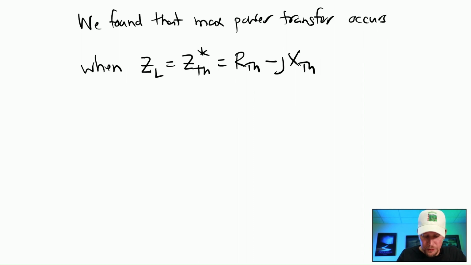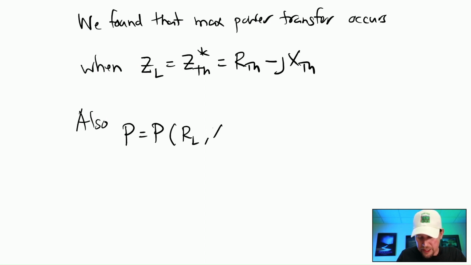On top of that, we had found that the power, which was a function of the load resistance and the load reactance, well, there was a formula that we could use in order to calculate it.